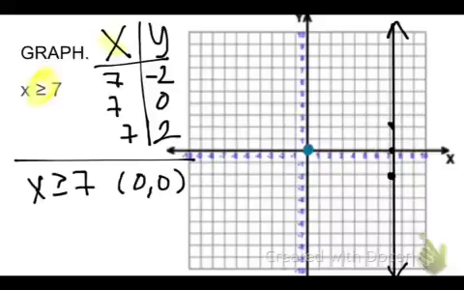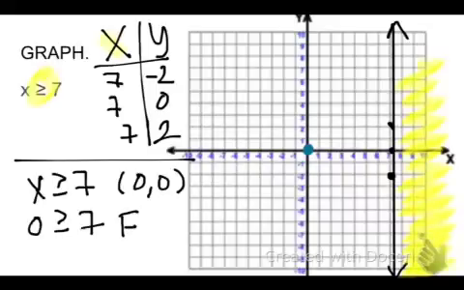Because this inequality only has an x, I just substitute my x value in. 0 is greater than or equal to 7, which is what I get for an inequality. That's false. So I will shade away from the ordered pair 0, 0, which means I shade on the opposite side of the line. So that, my friends, is my solution to x is greater than or equal to 7.